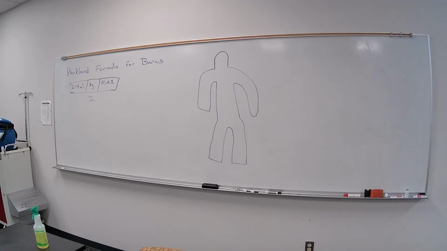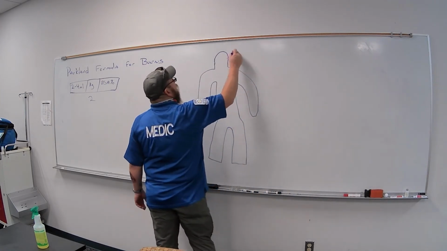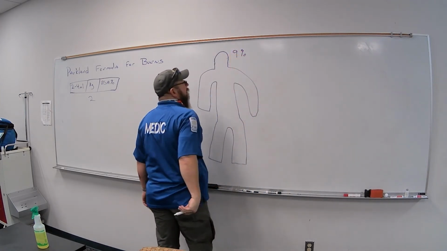Alright? So when we talk about the rule of nines, what are we talking about? The classification of our areas. So they basically break down the body into subsections. Somebody keep track of this. 9% on the head.